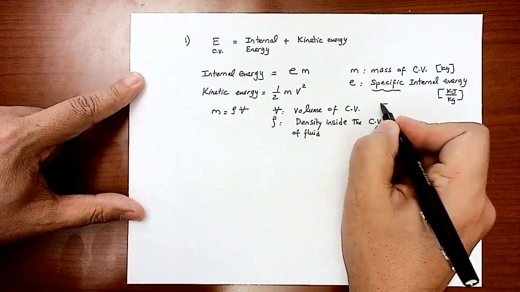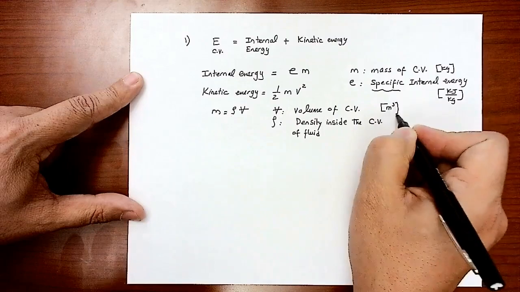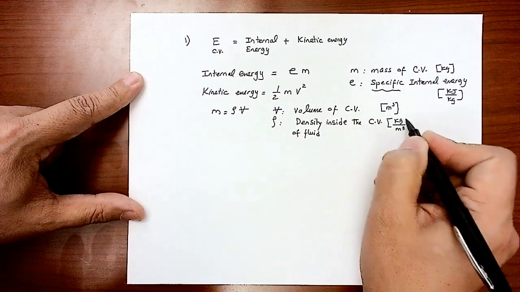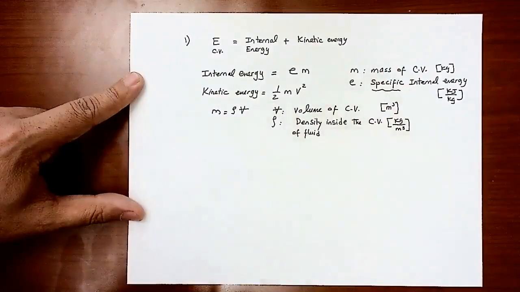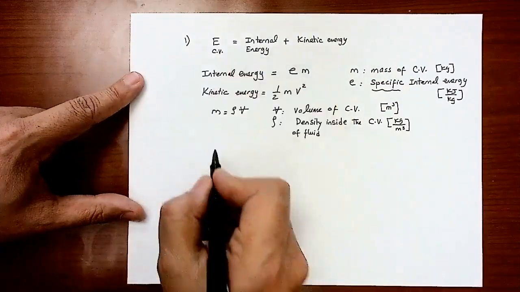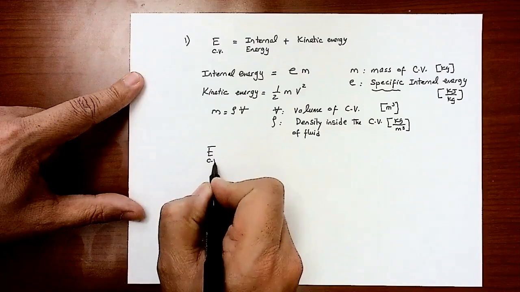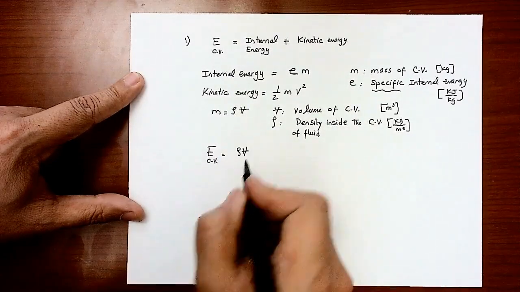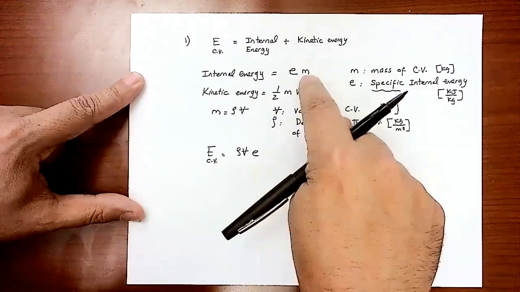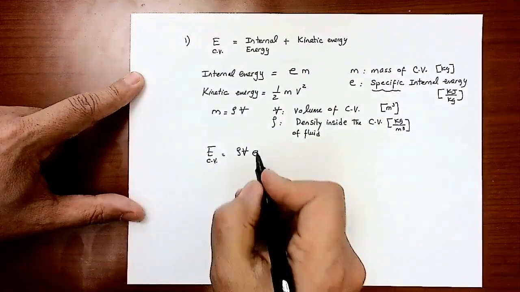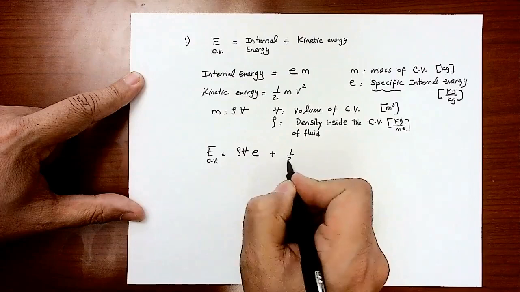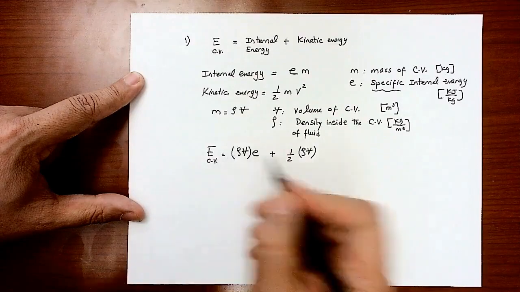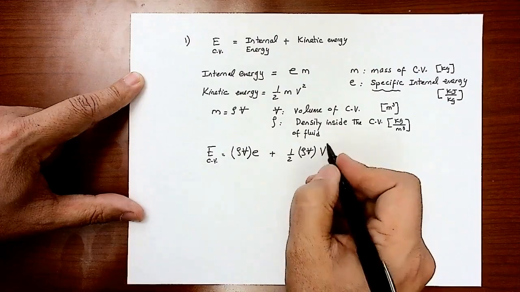We know that volume has units of cubic meters, and the density is kilograms per cubic meter. That will give me the mass. So I can write the equation for the E of the control volume as follows. It's rho V, that's the mass, times e, that gives me the internal energy, plus half rho V, this is presenting the mass, times the velocity squared.